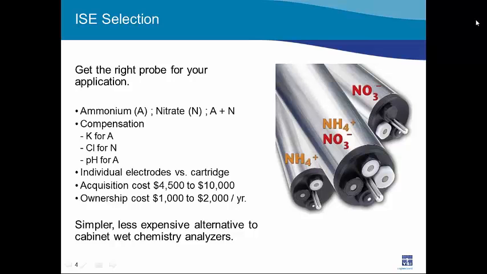Essential to choose the proper compensation. If you're measuring ammonium, and it is the most important measurement, potassium is the right compensation. On the other hand, if you're measuring nitrate, or nitrate is your most important measurement of the two, chloride should be your compensation.